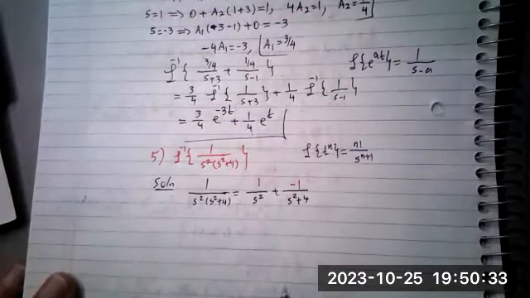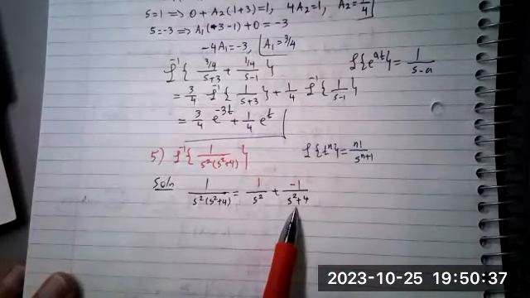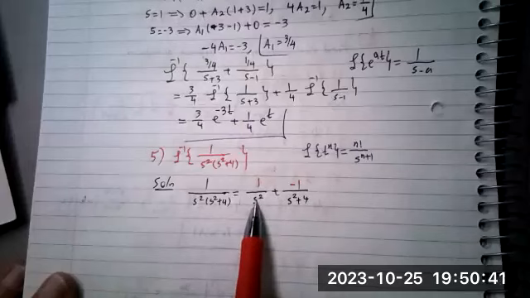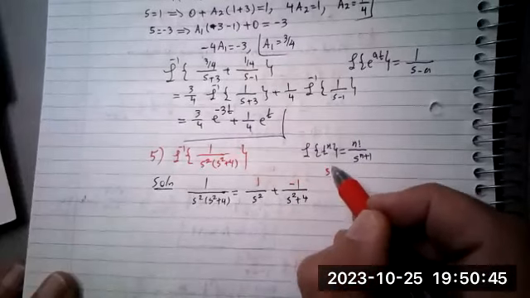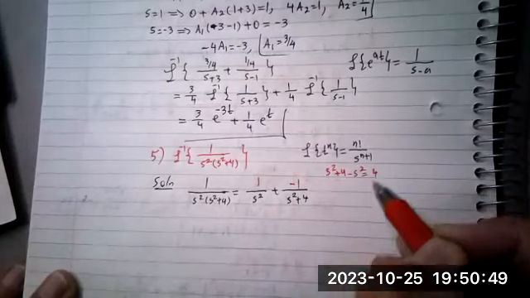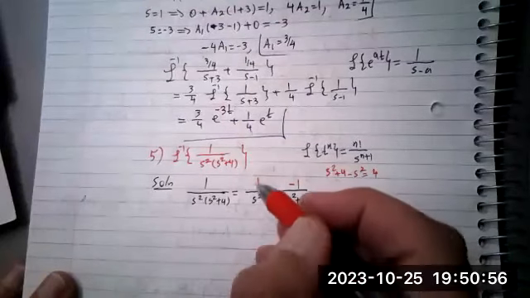If I put the 1 and -1, what's going to be the result? This would be 1 times S squared plus 4 minus S squared. What's going to be the result? 4. S squared plus 4 minus S squared, that would be 4. But you need 1. So what you need to do is divide by 4.